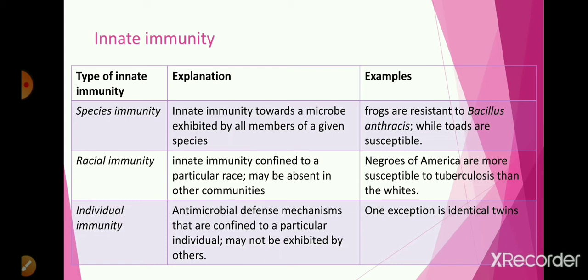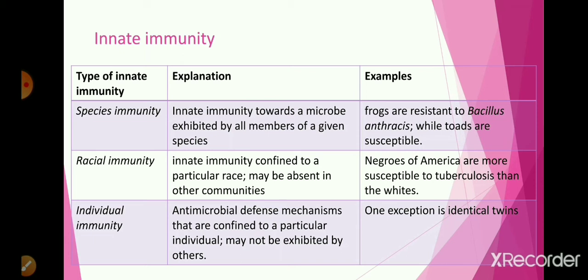So basically tuberculosis can infect the Negroes more than the American whites. So that is racial immunity. American whites have immunity against tuberculosis, whereas in Negroes the immunity is absent, so they are susceptible to tuberculosis.